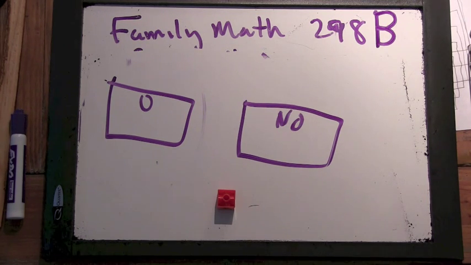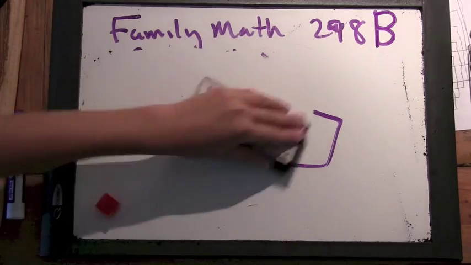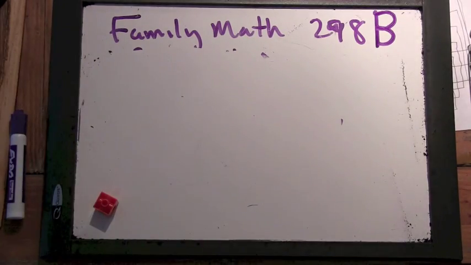But if it's oroboric, if it refers to itself, but then it's a word that doesn't refer to itself. Okay. So it does and doesn't refer to itself. So it's actually more of a Venn diagram than boxes. Okay.